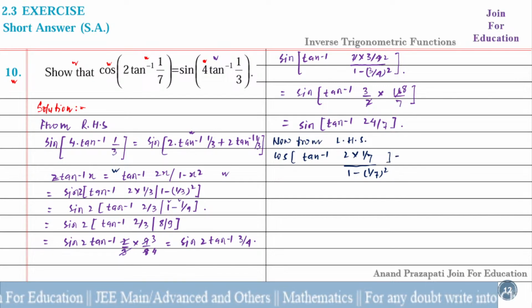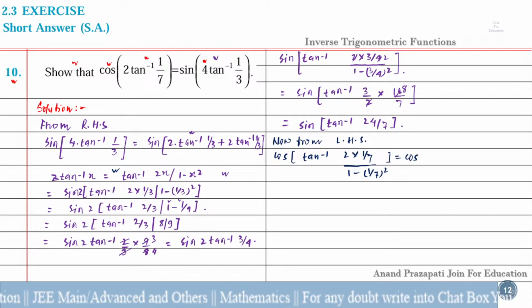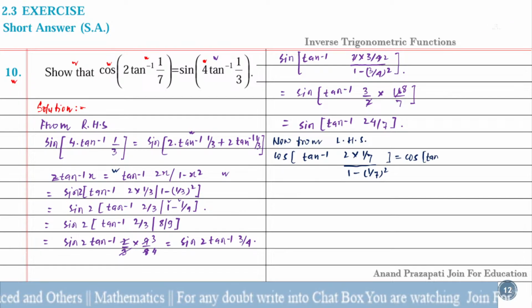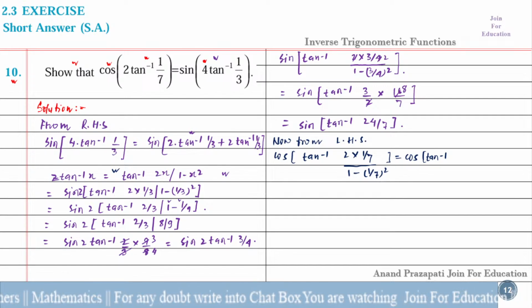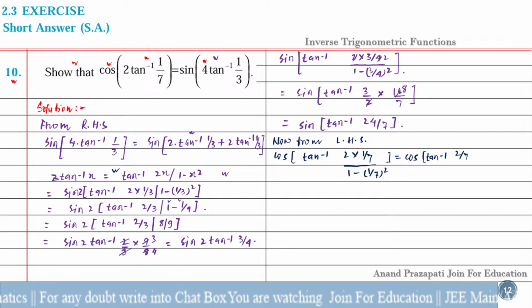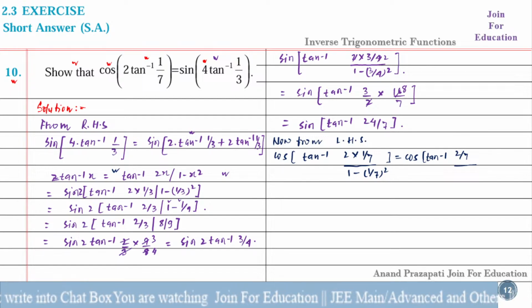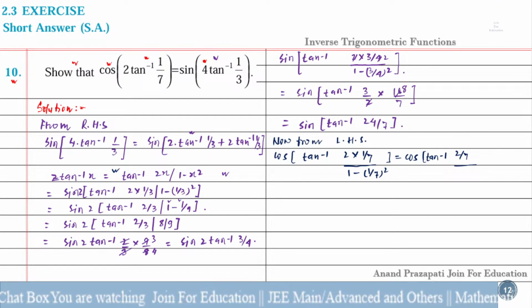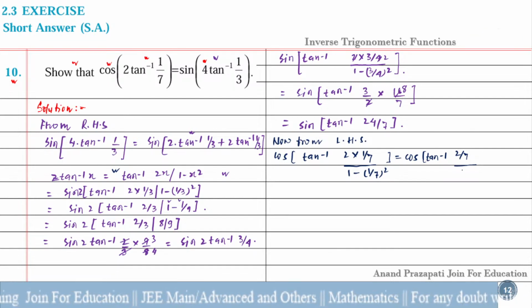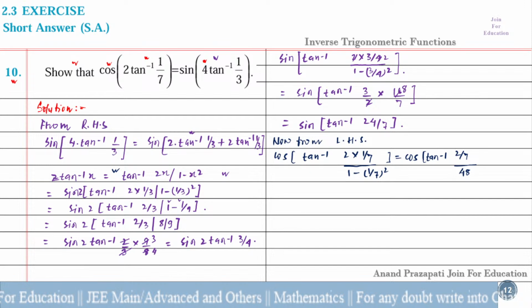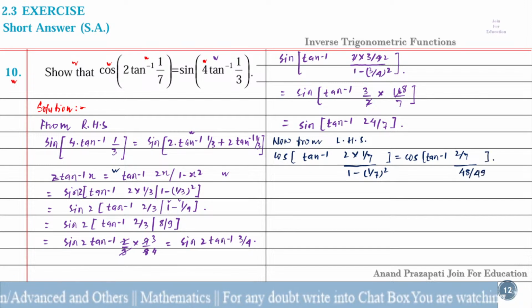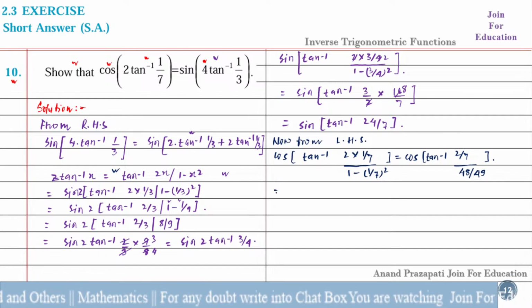So equal to cos tan inverse 2 by 7 by 1 by 49. It means that 49 minus 1 equal to 48 by 49.